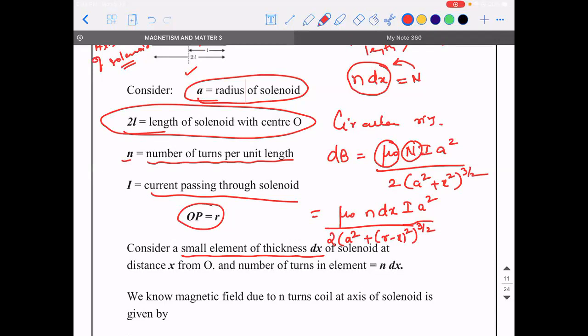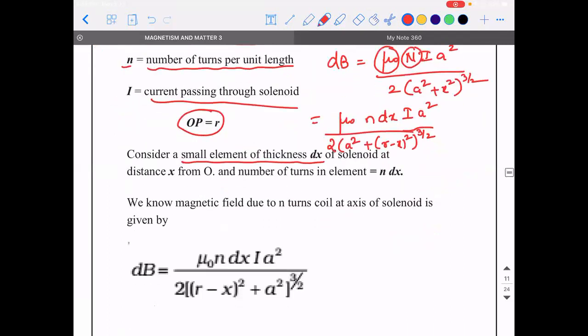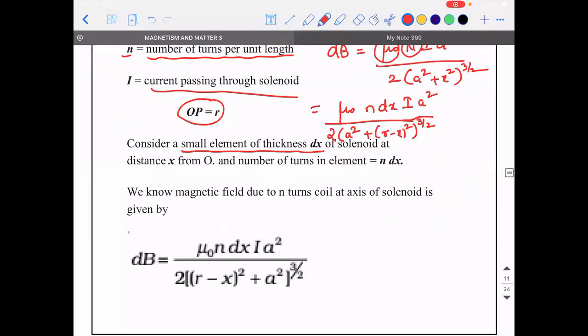Did you make a note of the step? Yes, sir. So this is the value of dB, but we need to find the value of the total magnetic field.